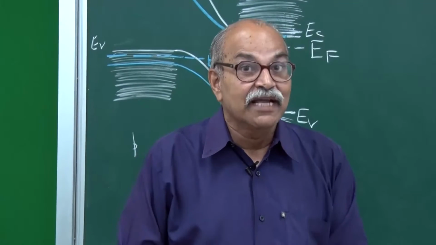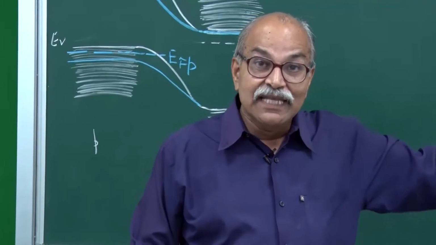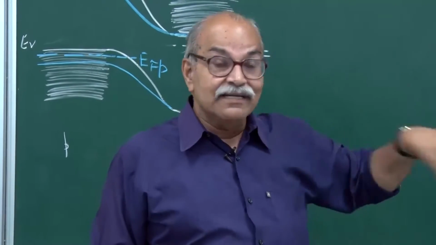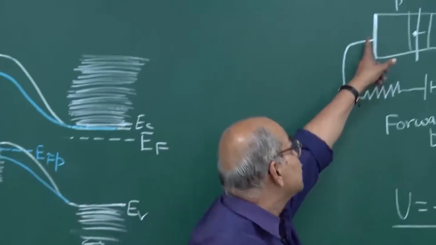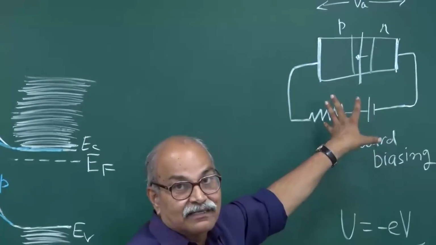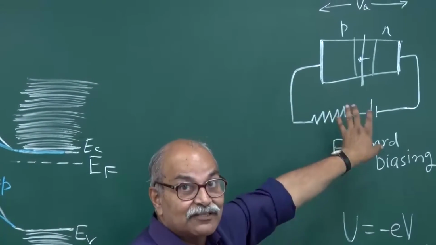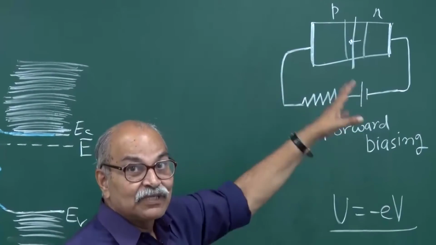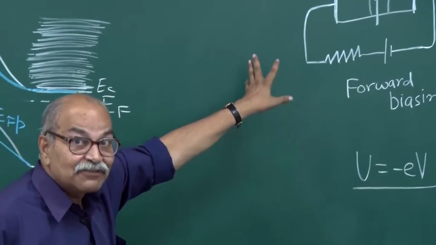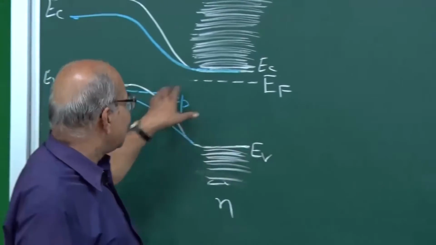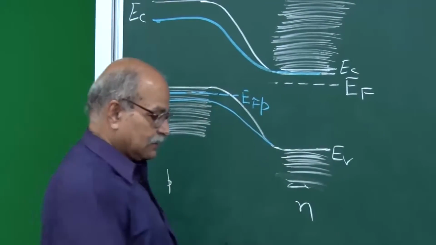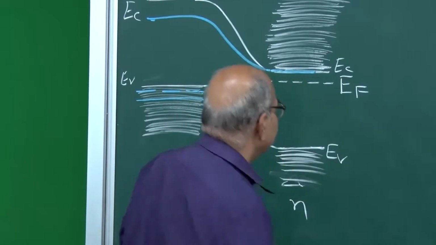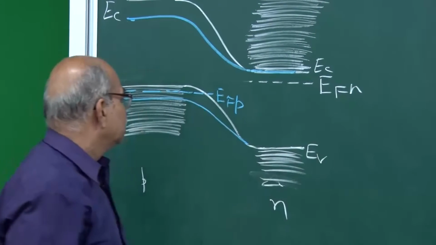Now we have disturbed that equilibrium by putting this cell, and constantly this cell will keep this potential difference fixed. By forcing this, we will be forcing some current to continuously flow, and therefore that static situation will not be there, and therefore you can have two Fermi levels on the two sides. So this is for N side and this is for P side.